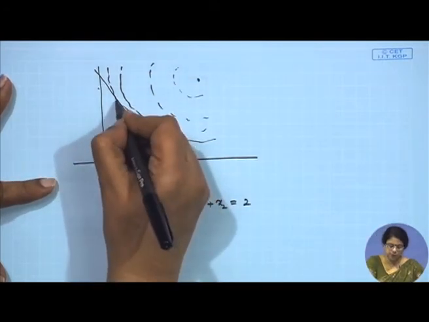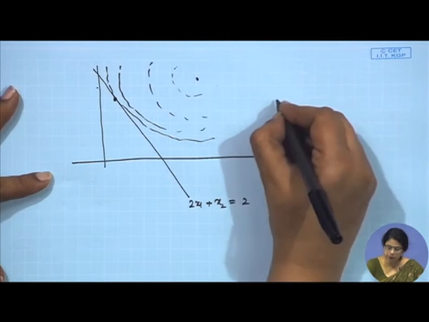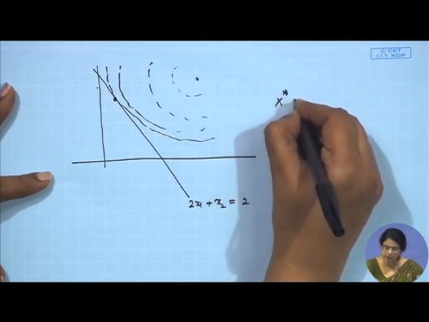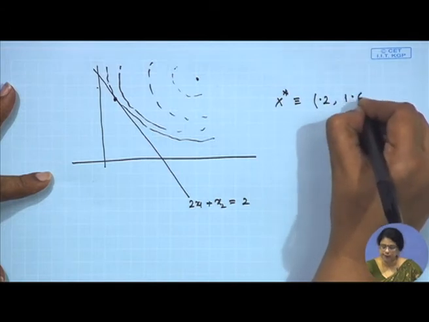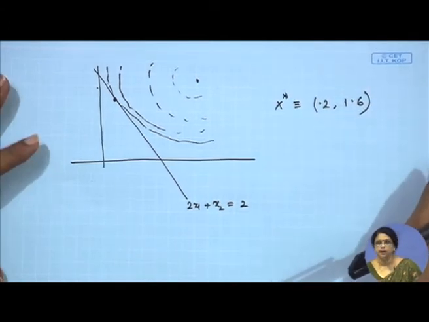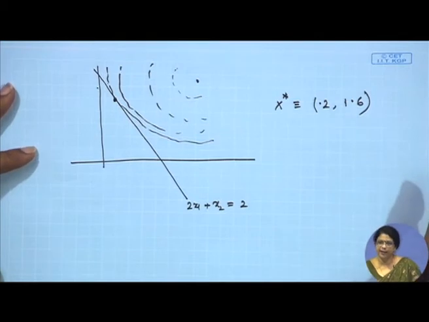Okay. For this problem, we will get the optimal solution as 0.2, 1.6. Alright. For different cases, if you solve, we will get it.